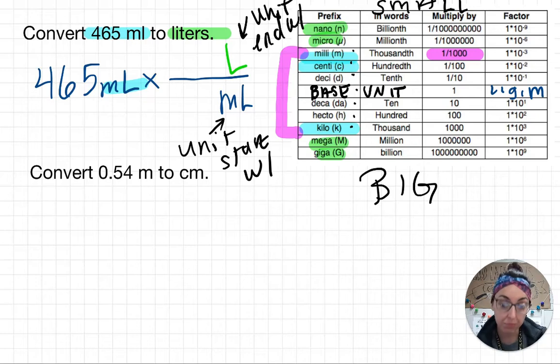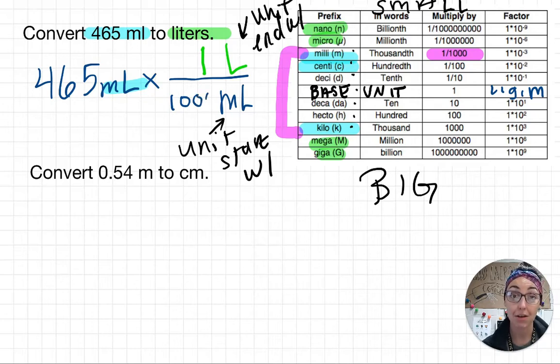So that means for every 1 liter, there are 1,000 milliliters. So let's see what that looks like in our fraction here. For every 1 liter, there are 1,000 milliliters, because a milliliter is tiny. So there's a lot of milliliters in a liter.